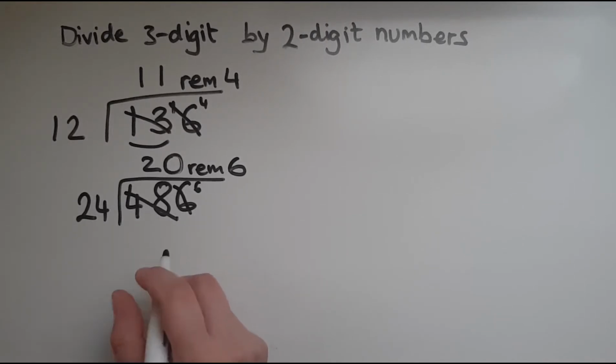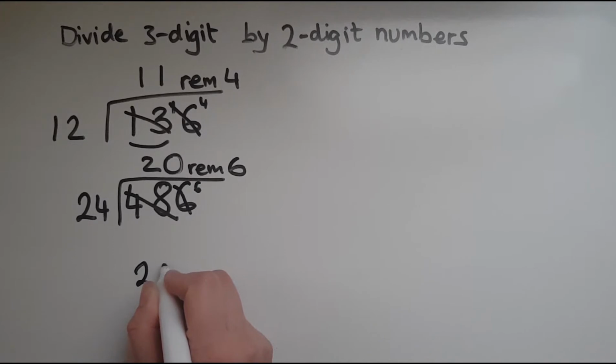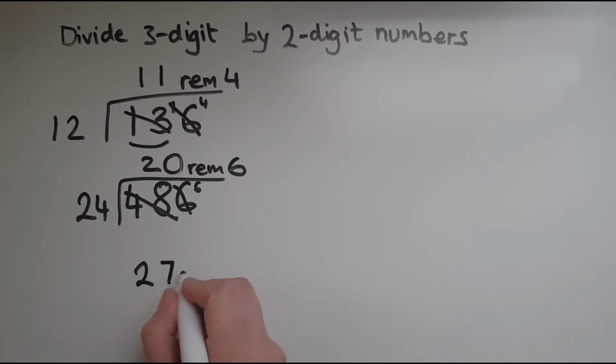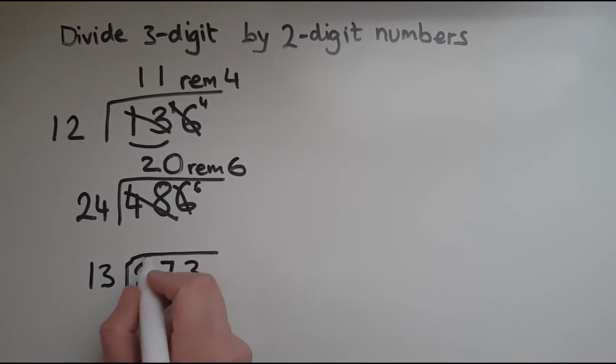Now let's try another one. So we'll have 273 divided by 13. So how many 13s fit into 27? Let's have a look. 13 and 13 makes 26, so there are 2 of them, and there is 1 remaining.